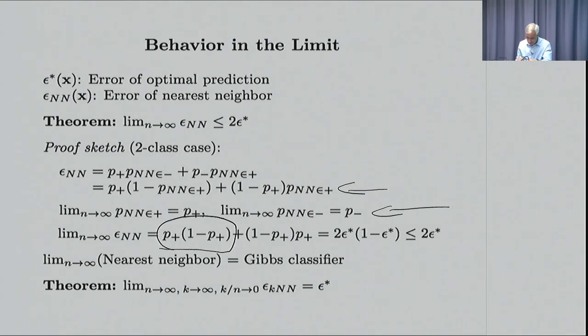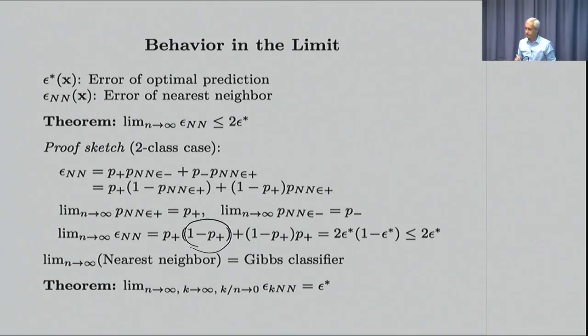I get P plus times 1 minus P plus, because this has converged to P plus, you agree? And I get the same thing on the other side. Notice again that these two expressions are the same, except that I flipped the order of the P and the 1 minus P. And notice moreover that either the true example is positive, in which case this is the error.